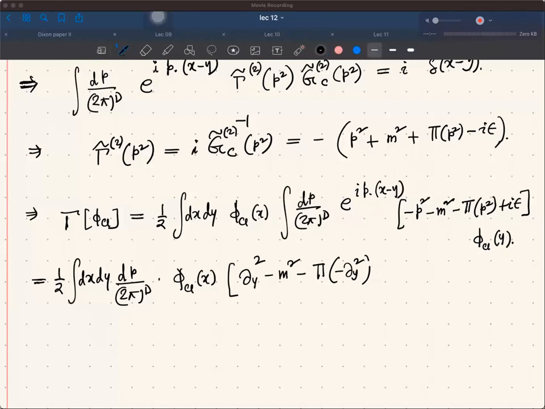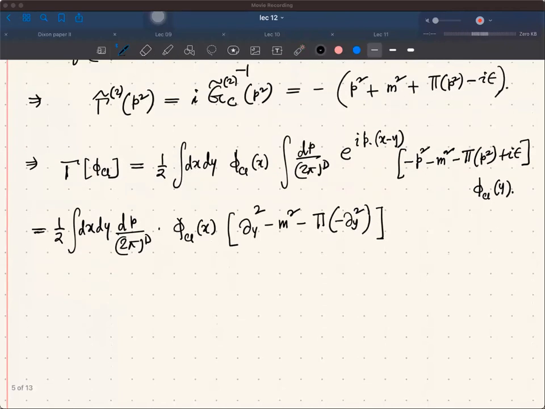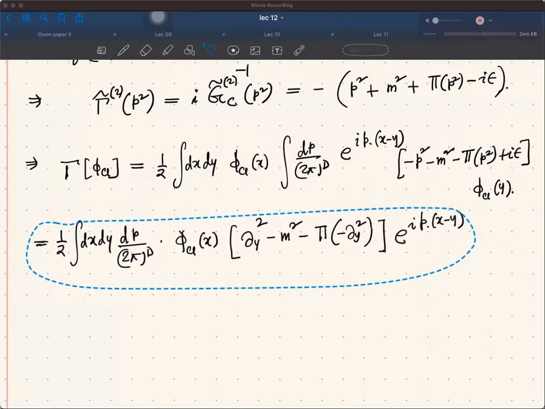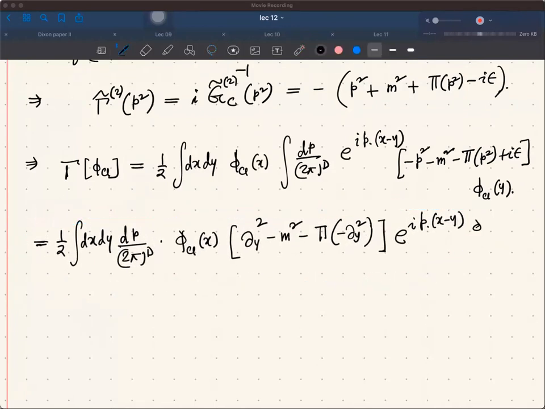So we are in the space-time interpretation now. So let's not do iε anymore. So then e^{ip·(x−y)} times the factor of φ_cl(y).